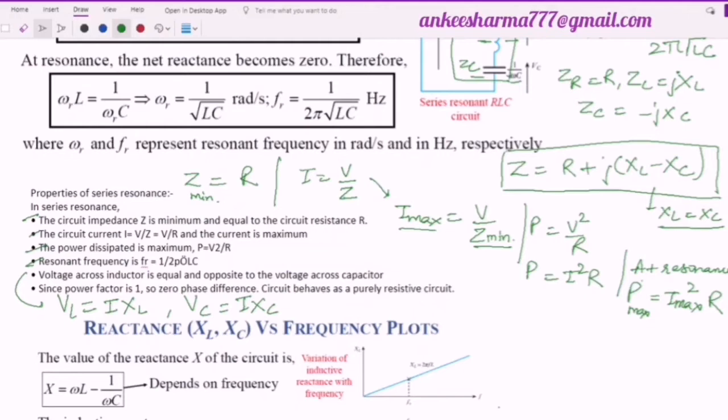But at resonance, XL is equal to XC and I is equal to I max. If I substitute these two values in VL and VC, can I conclude that VL will be equal to VC? And this is what we said here, that the voltage across an inductor is equal and opposite to the voltage across the capacitor at resonance.